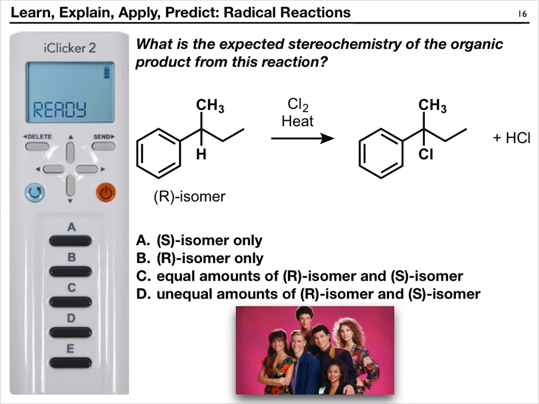So an equal amount of two enantiomers is called what? Remember what that's called? So racemic mixture. And if you were to take some of that, dissolve it in solvent, and measure it on a polarimeter, what would the specific rotation be?